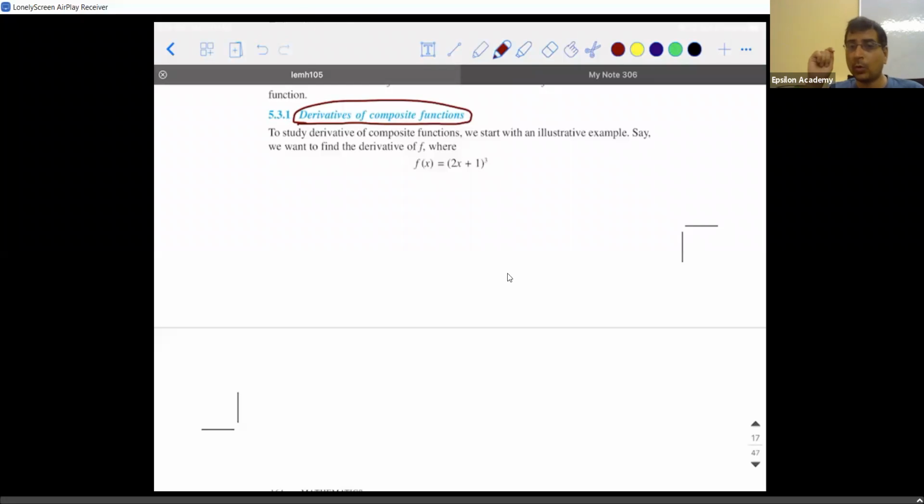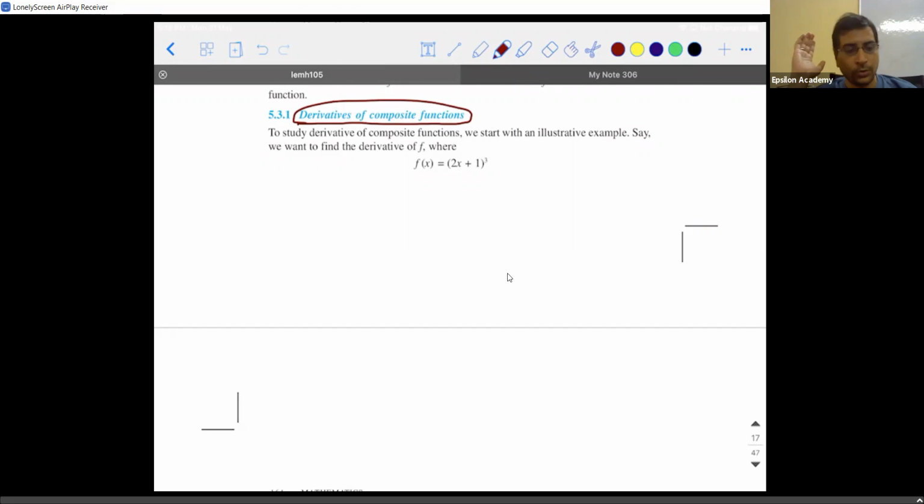Can someone tell me what is the output of differentiation? Why are we differentiating a function? To get what? So why do we differentiate? It is to find the slope of a tangent at a particular point. That is why you differentiate.